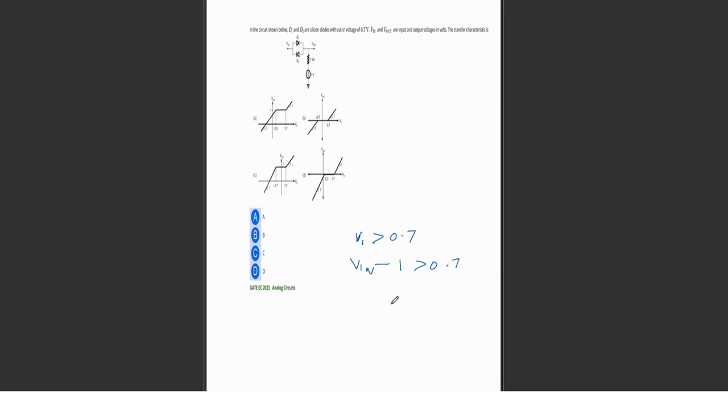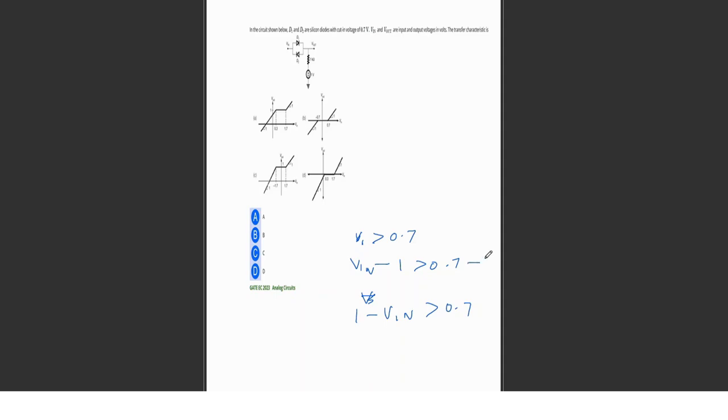Now for the diode D2 to conduct, the positive 1 volt is connected to the P junction of D2. So we have to say 1 minus V in should be greater than 0.7.